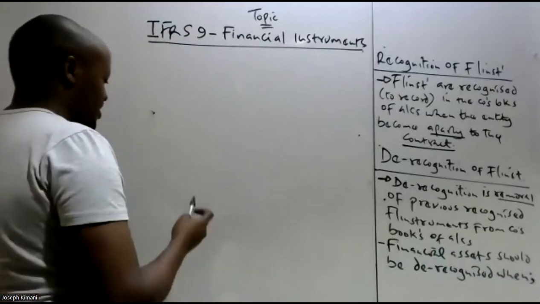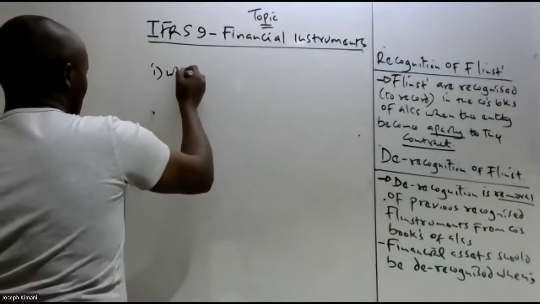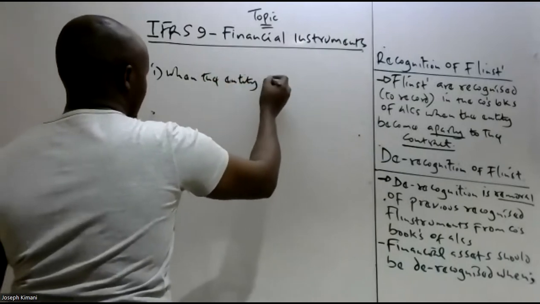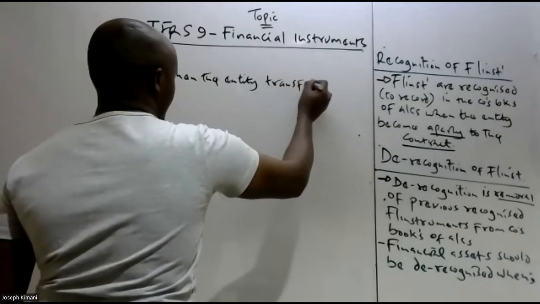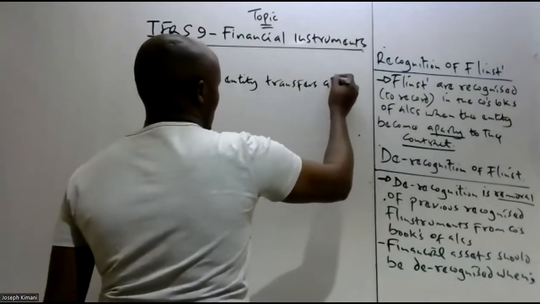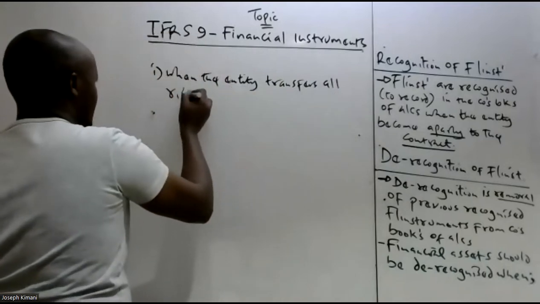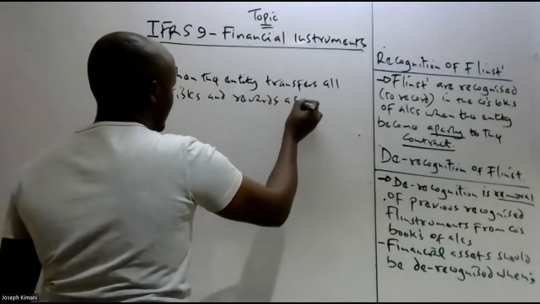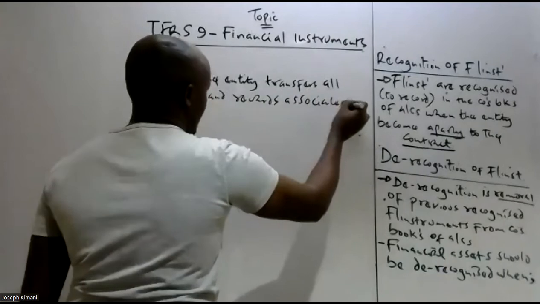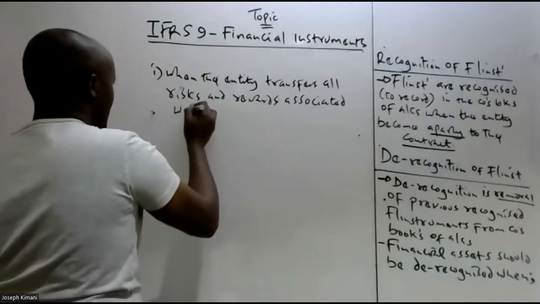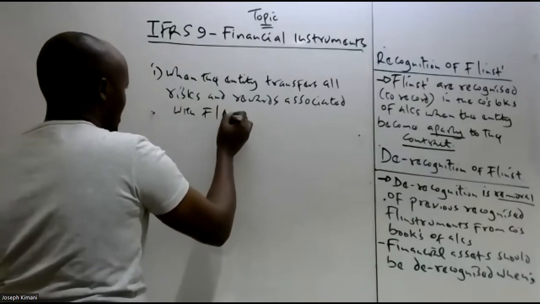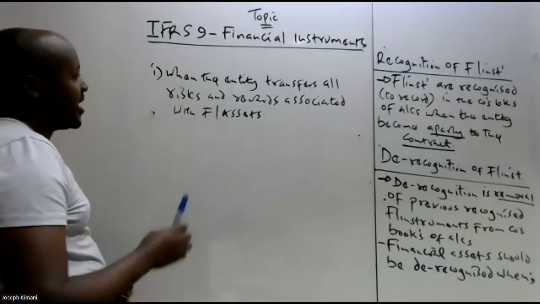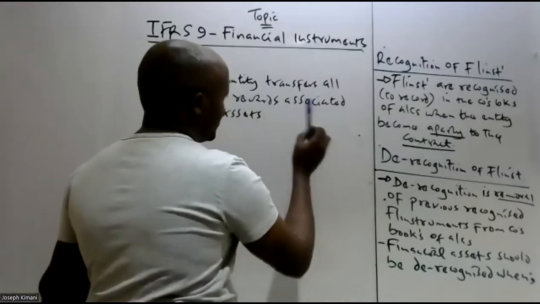So therefore, one we can say is when the entity transfers all risks and rewards associated with a financial asset. What do we mean by the company transferring the risks and rewards associated with a financial asset?